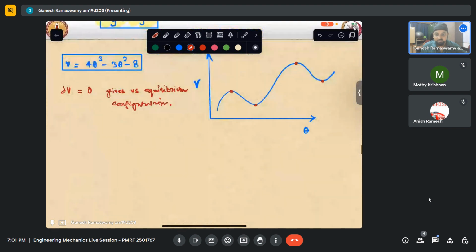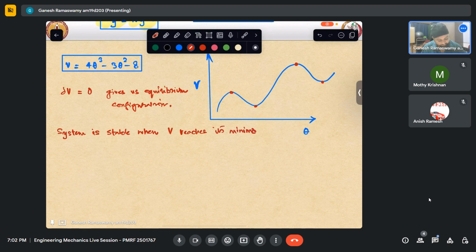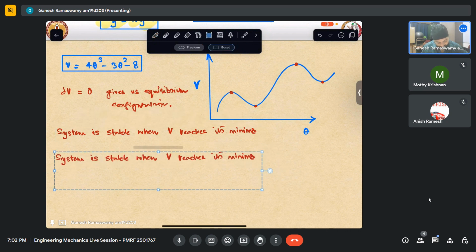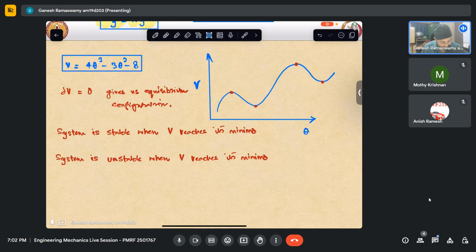Whereas for stability, the system is stable when V reaches its minimum value. At the same time, the system is unstable when V reaches its maxima.